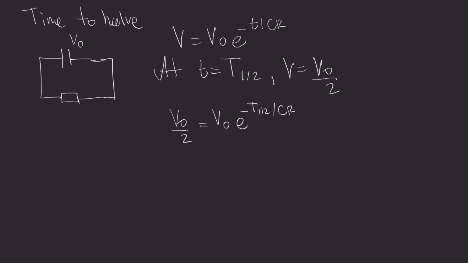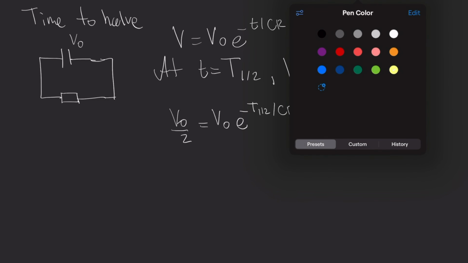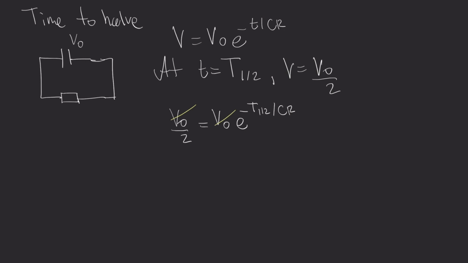The two V naughts are just going to cancel out, and then what we're going to get is a half is equal to e to the minus halving time over CR.